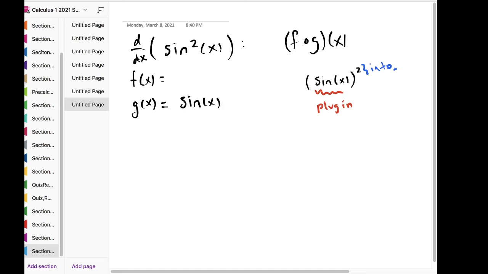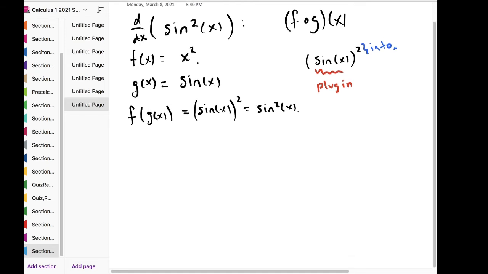So let's just make sure we see that. What's f of g of x? It's equal to sine of x, squared. Okay, so we have f and g.